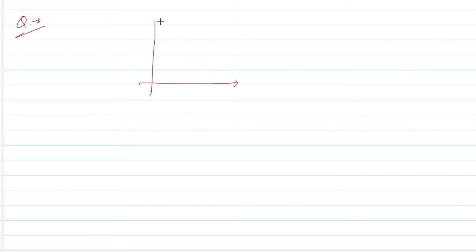Now let me explain one illustration. Suppose we are given a V versus I curve. This would appear like this definitely, and suppose this value is 5 volt and this value is 2 ampere. Now we are supposed to find the EMF and the internal resistance of the cell from this graph only. Students, this graph has already been asked in your board exam, so this is very important and frequently asked.